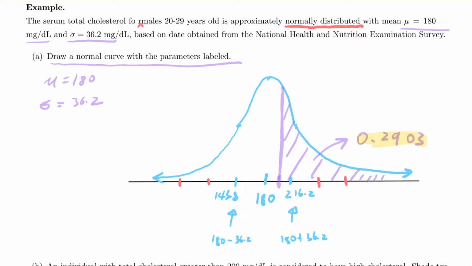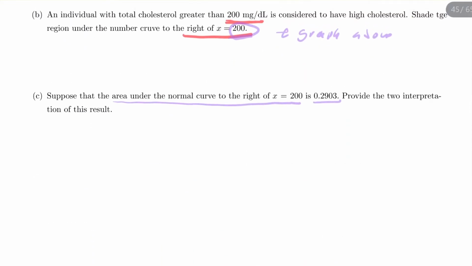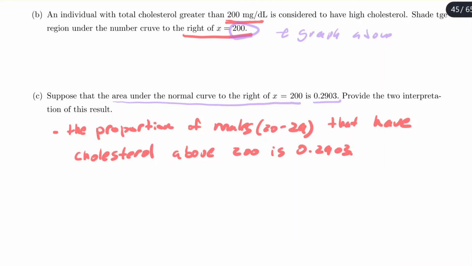Let me write that answer right here. So the proportion of males that have cholesterol above 200 is 0.2903. So about 29% of males between 20 and 29 have cholesterol above 200.